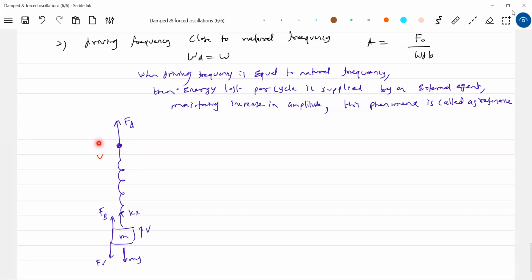Okay, I think I'll show it with my hand. Some of you are finding it difficult. Okay, this is the spring. How to show the finger? Okay, I'll bring it.